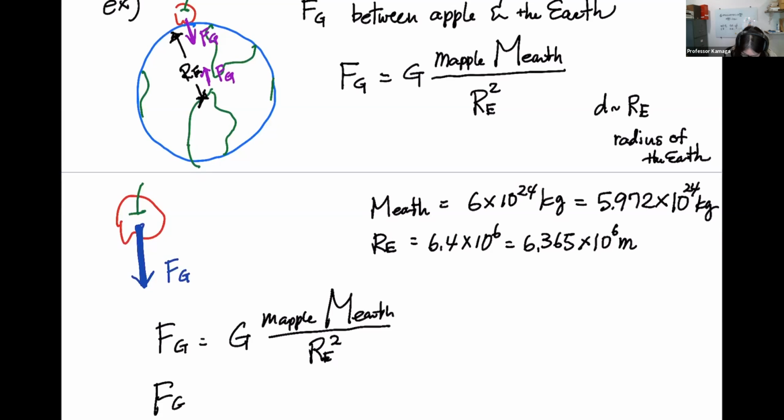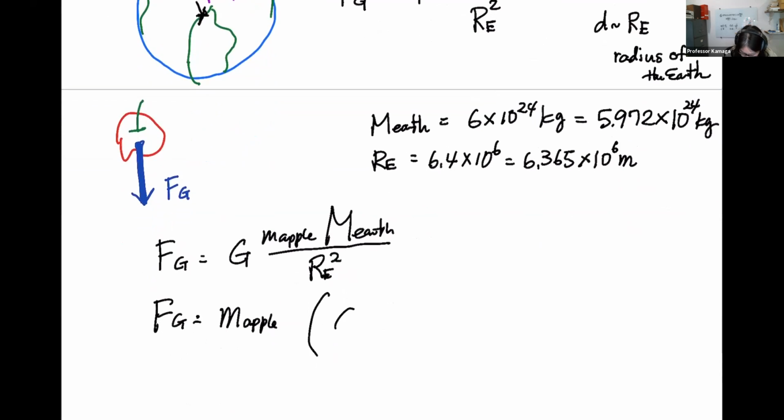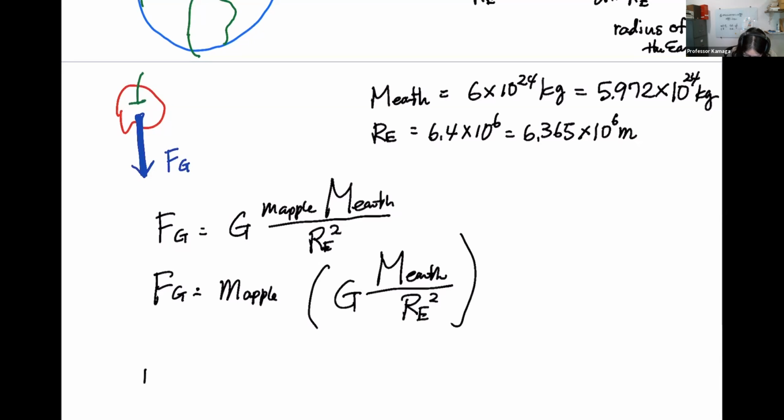And I can put the mass of the apple outside and put these constants as one.